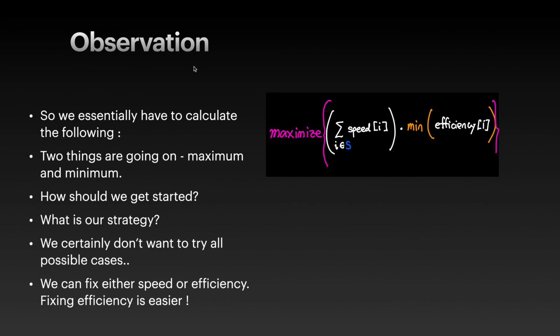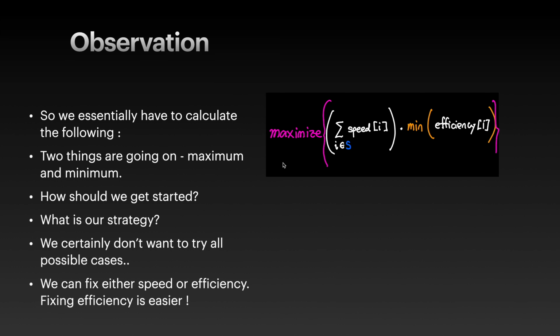Let's first talk about the observation. What do we have to find? This is the equation that we have to find. Think of S as some set, and we basically have to maximize this quantity over all possible combinations of sets that we are given.